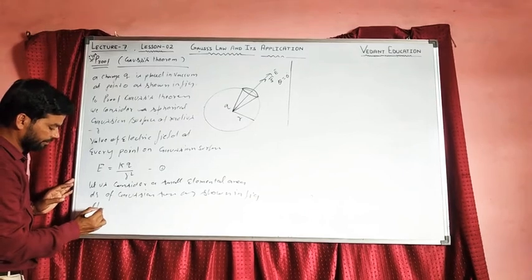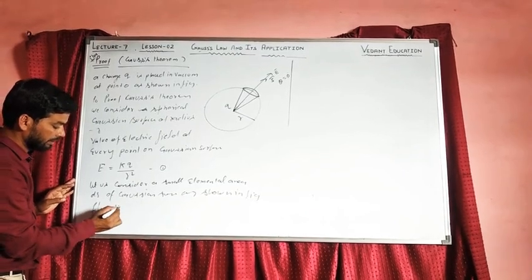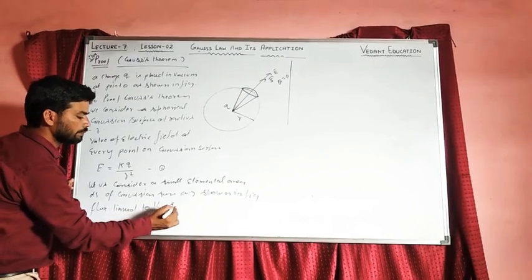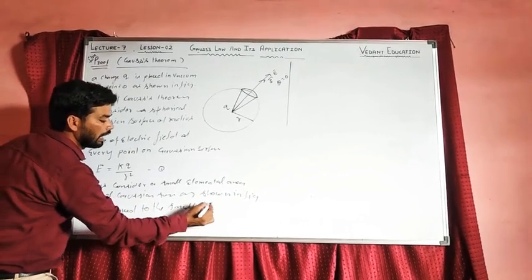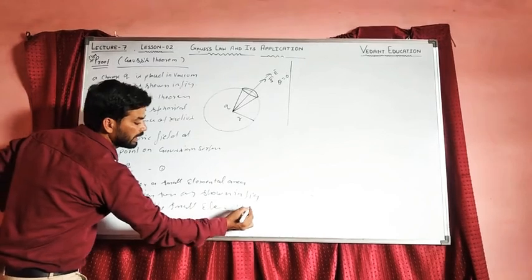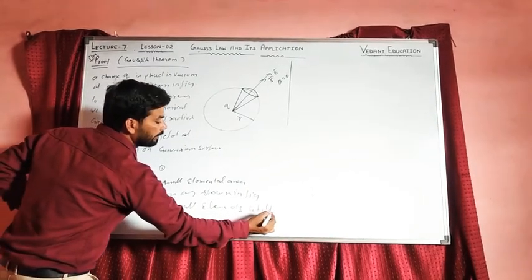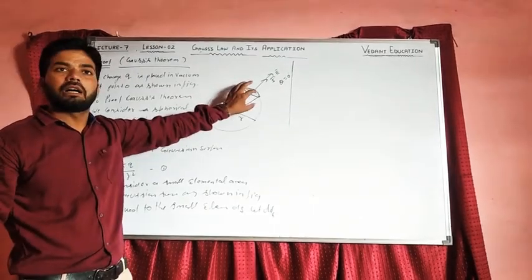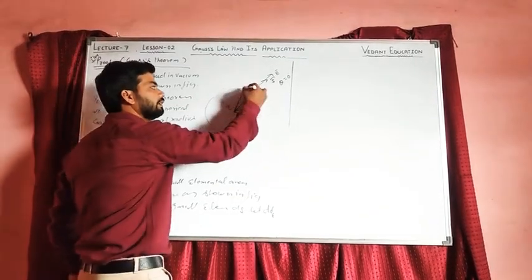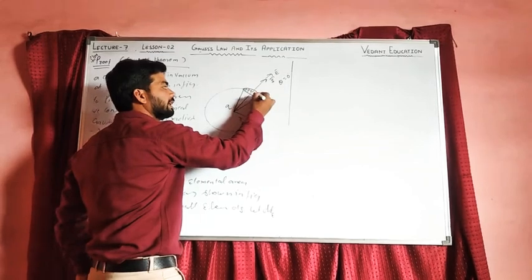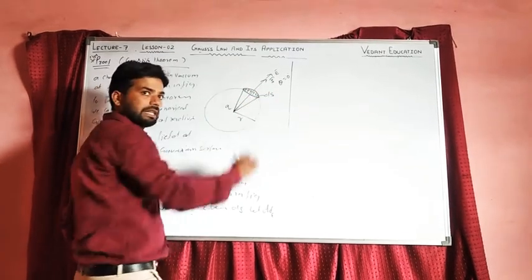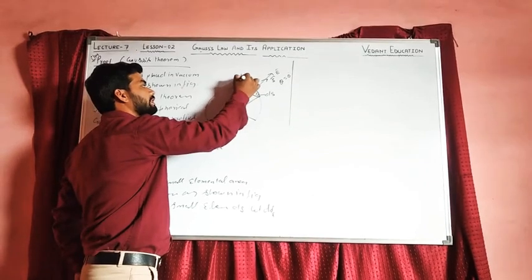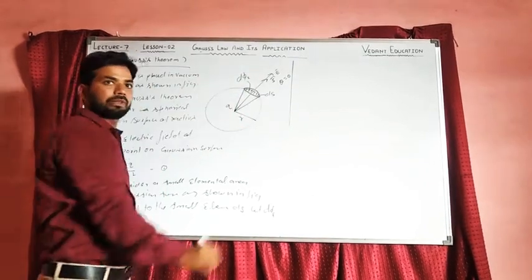The flux linked to this small elemental area ds is d phi e. We considered a small elemental area ds, and the flux linked with it is d phi e, right?